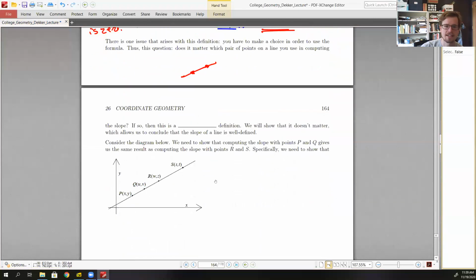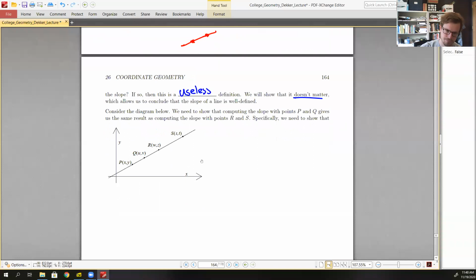If it did matter which points we used, then the definition of slope would actually be quite a useless definition. But in fact it does not matter what points we use, and we can show that. So let's consider this diagram here, to help us show that the choice of points does not matter when we are calculating slope.